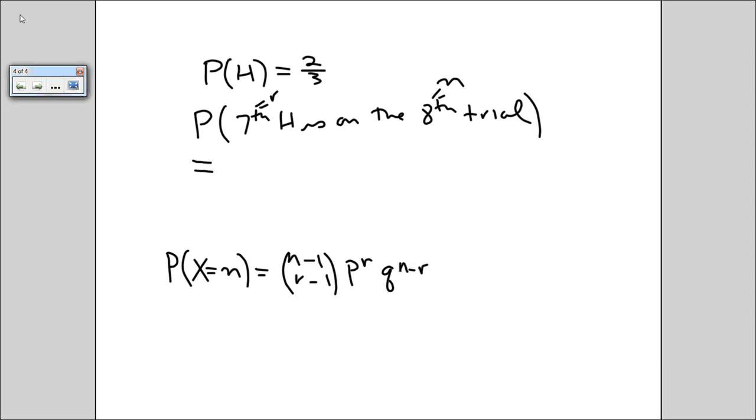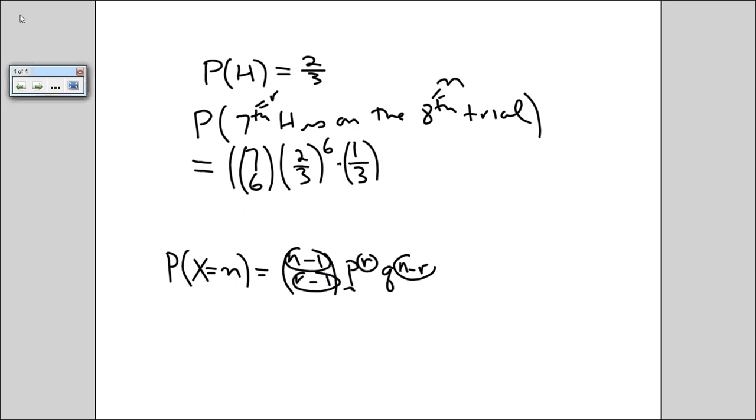So this is equal to, well, 8 minus 1 is 7. r is 7. 7 minus 1 is 6. 7 choose 6. The probability of heads is 2/3. That's p, and we raise it to the r, which is 6, times the probability of failure is 1 out of 3, and we want n minus r, or 1.